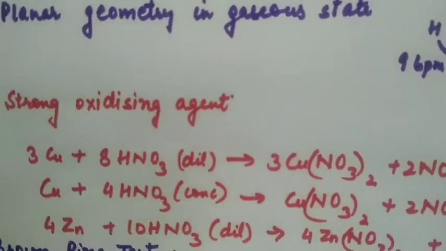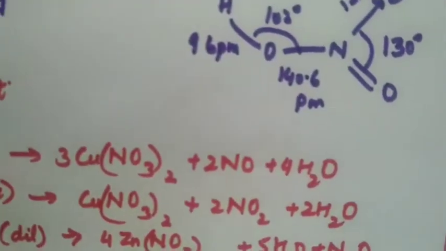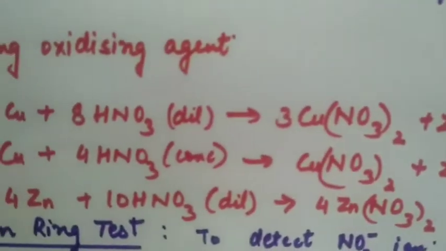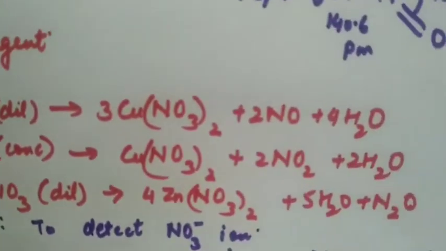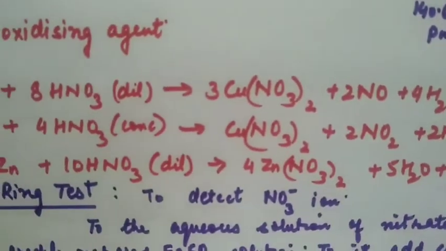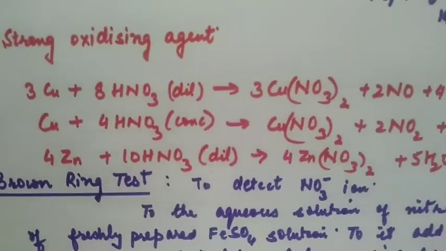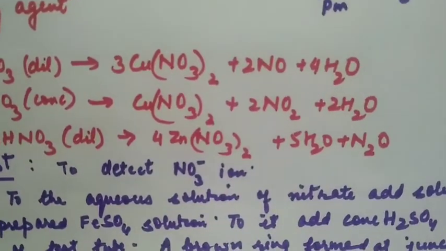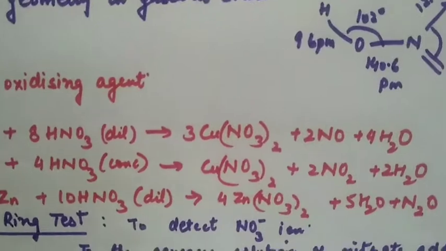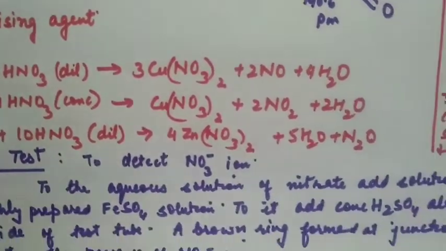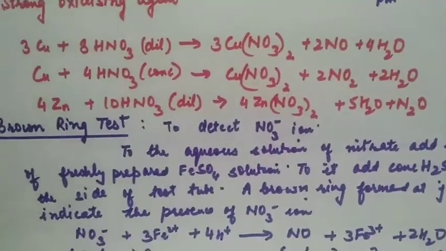For example, with dilute nitric acid, nitric oxide is formed, whereas with concentrated nitric acid, nitrogen dioxide is formed. More active metals with dilute nitric acid will give nitrous oxide, whereas with concentrated acid they will give nitrogen dioxide.